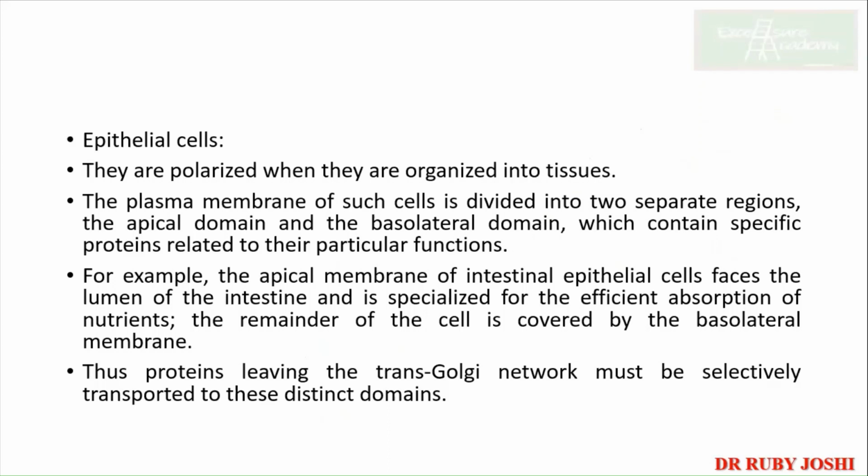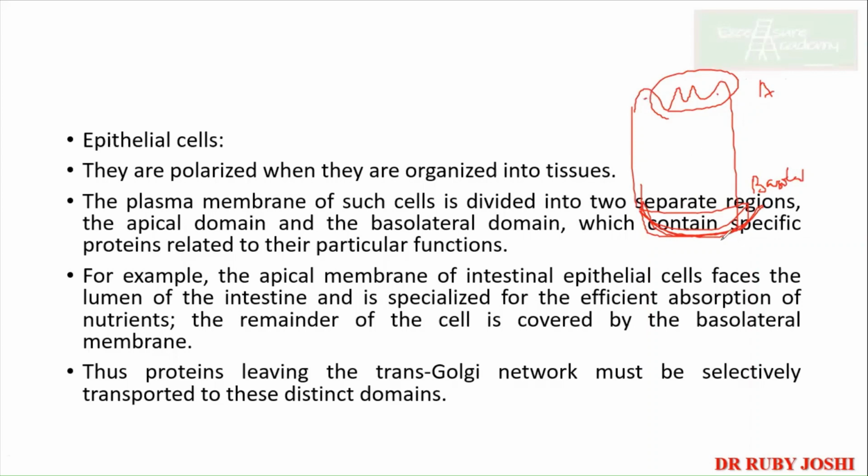So the polarization is different. The proteins present in the apical region will be different from the proteins in the basolateral region. So the receptor or protein localization here is different from there.